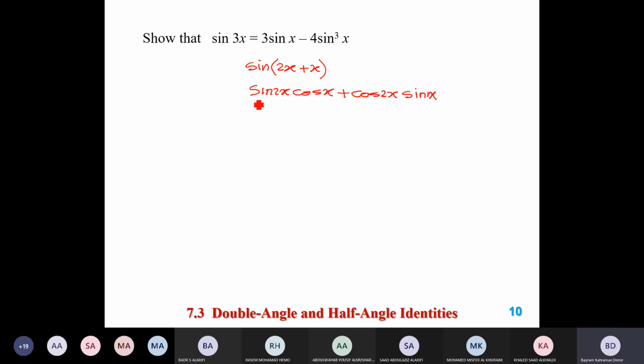Now we know the sine 2x here, Shabab. Sine 2x is what? 2 sine x cosine x. And we have another cosine x, we should not forget.